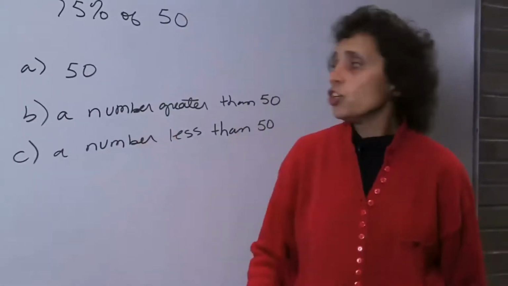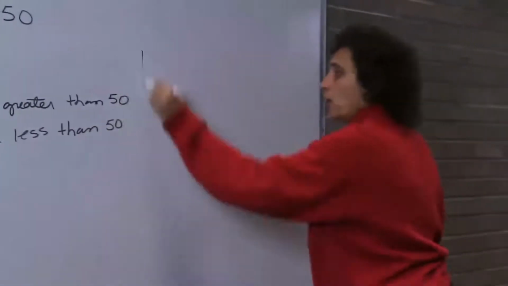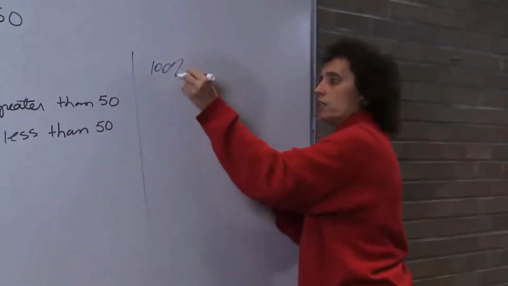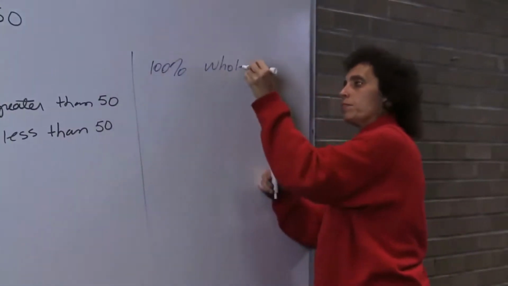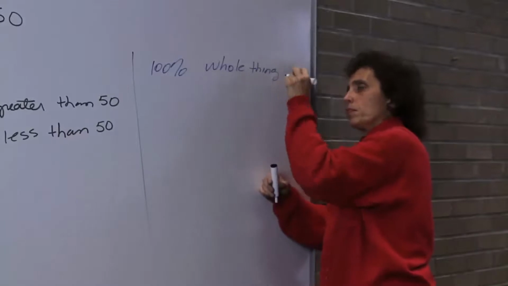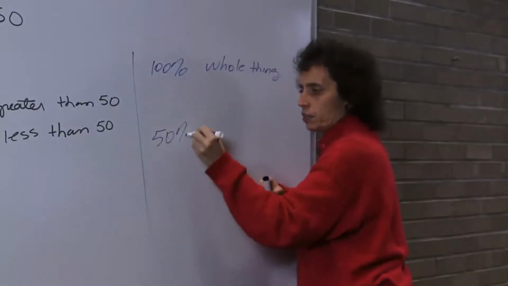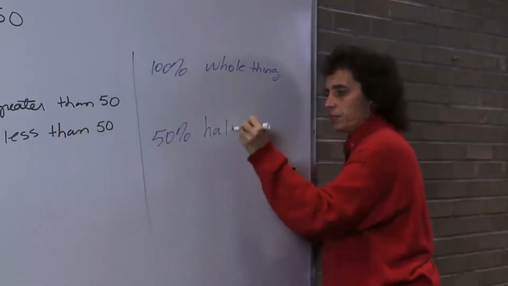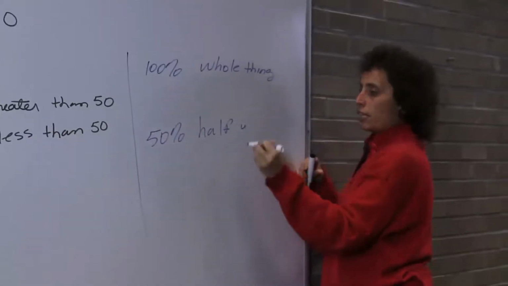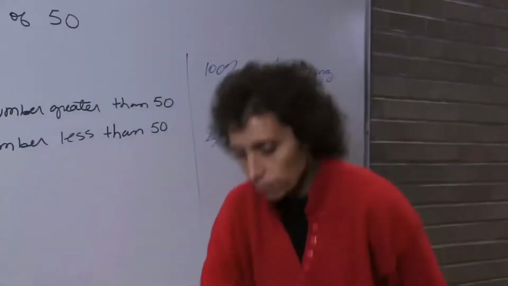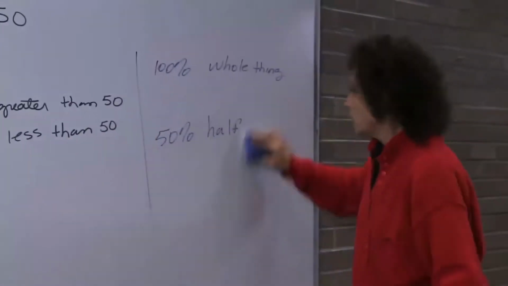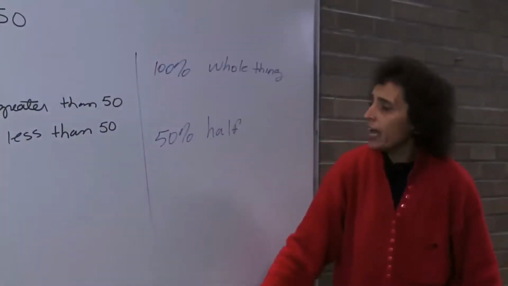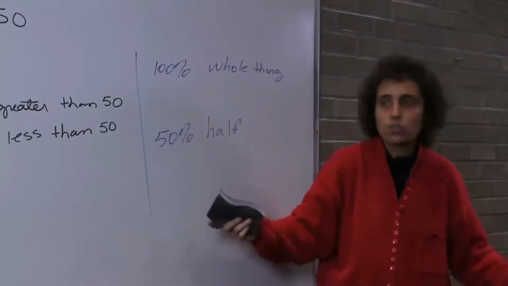That makes sense. So let's think about what we're saying. 100% is the whole thing. 50% is half of the thing. 75% then has to be somewhere in the middle of this, correct?